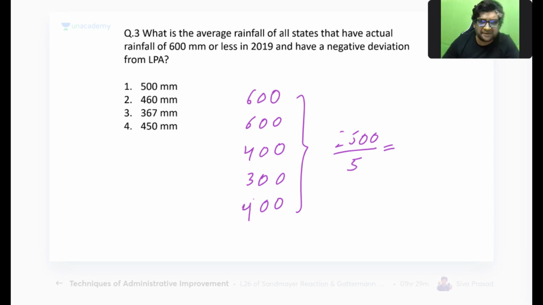So it will not be 2500. This will be 12 and 4, 16, 16 and 7. So 2300, giving me the average as 460 mm.